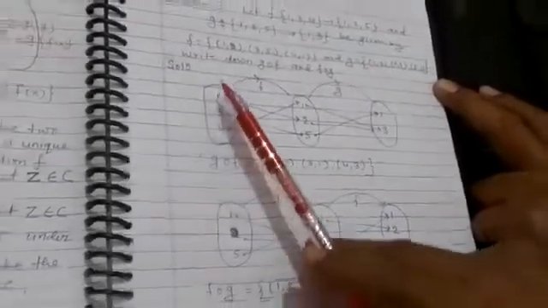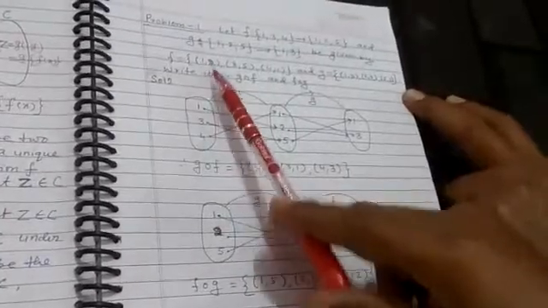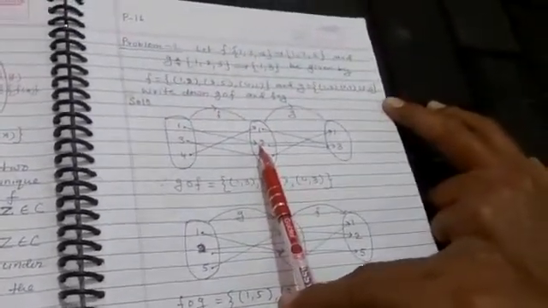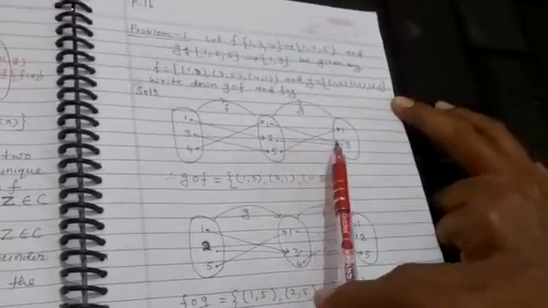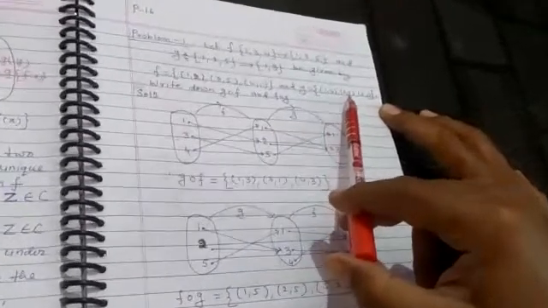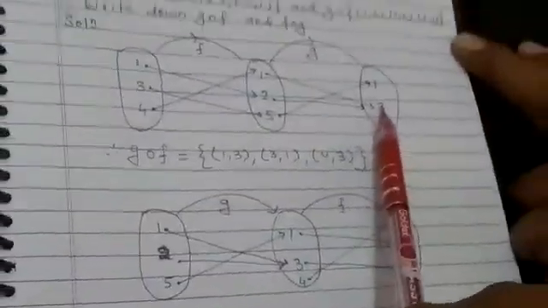Now, in the f function, 1 is connected to 2, and 2 is related to 3 in the g function. So we can say 1 is related to 3 in the composite function.